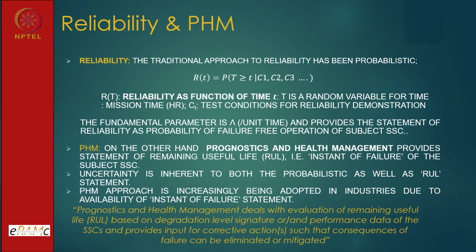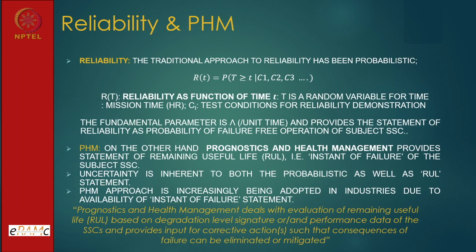Okay. So actually PHM as a subject, though it is related to maintenance, has a reliability connotation, because we say reliability is nothing but the probability of a component for failure free operation for a given period of time under a stated condition.